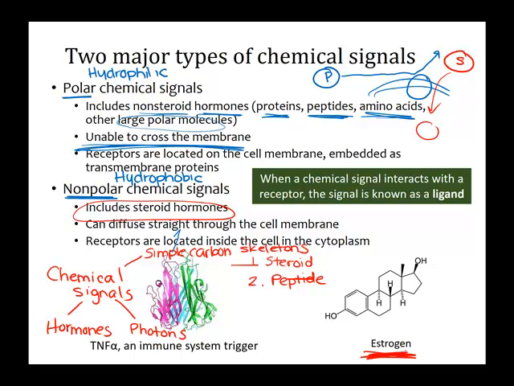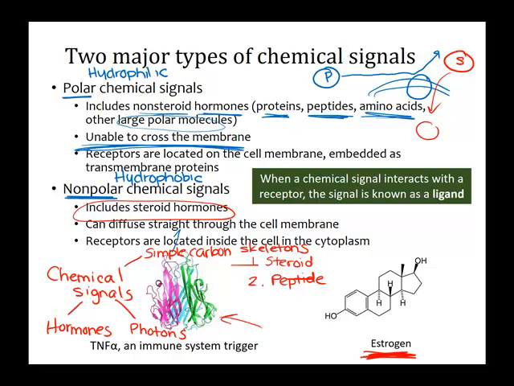This is estrogen. Right here, behind all my chicken scratch, this is called TNF-alpha. It stands for tumor necrosis factor alpha. This is a protein hormone, so it's a polar chemical signal, or hydrophilic chemical signal. Again, all the same thing for us.